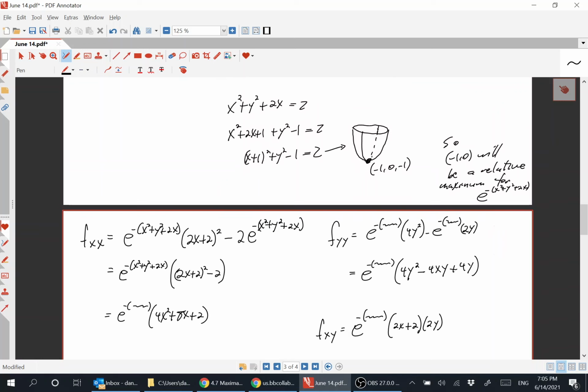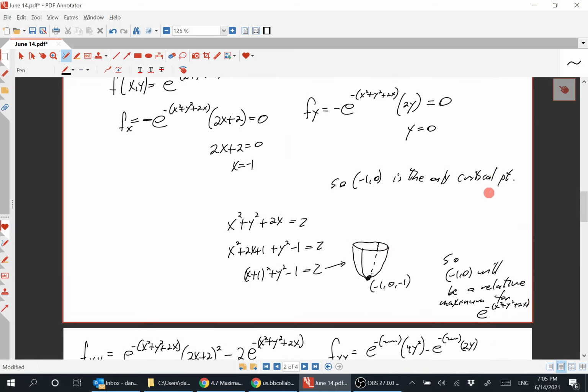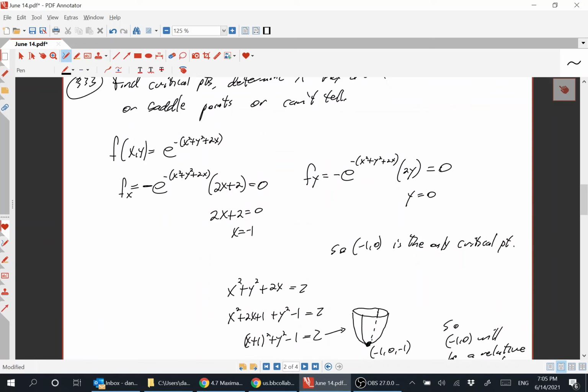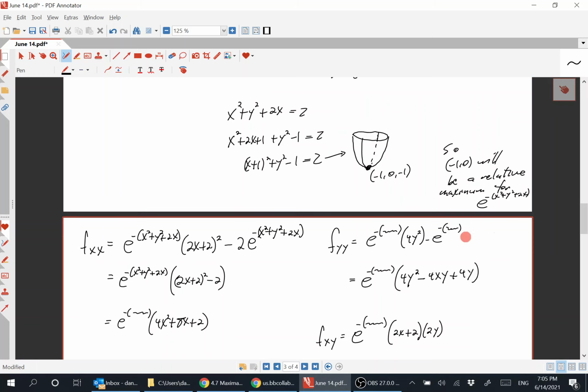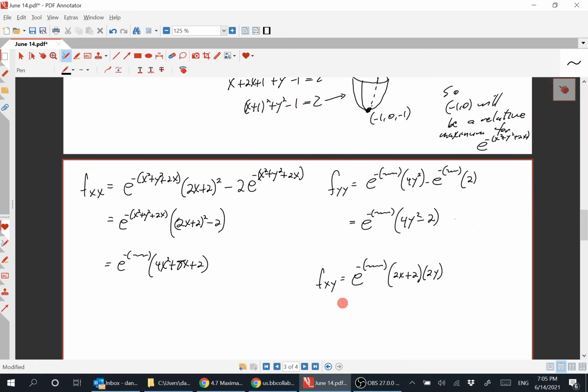I'm taking the derivative with respect to y. This is just a 2 here. So 4y squared minus 2. And then this one is e to the minus, and then 4xy plus 4y.